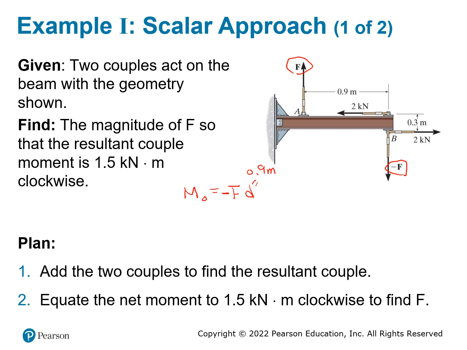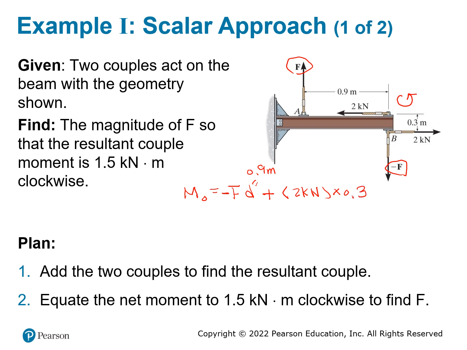If you look at the other two forces, 2000 Newton, they tend to make things turn this way, which is counterclockwise. So we're going to have positive of the force, which is 2000 Newton, and we're going to multiply with the distance between these two, which is 0.3.